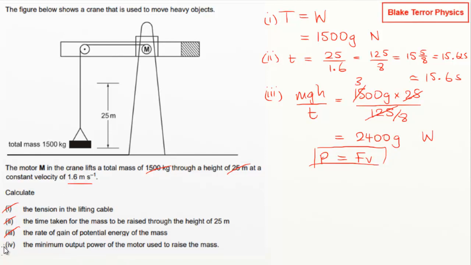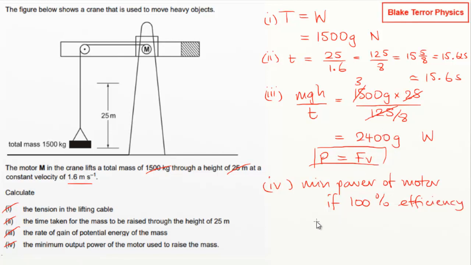And not surprisingly, they've asked us here for the minimum output power of the motor. So the minimum power of the motor is assuming 100% efficiency, in which case our power in is power out, so it will be exactly the same.